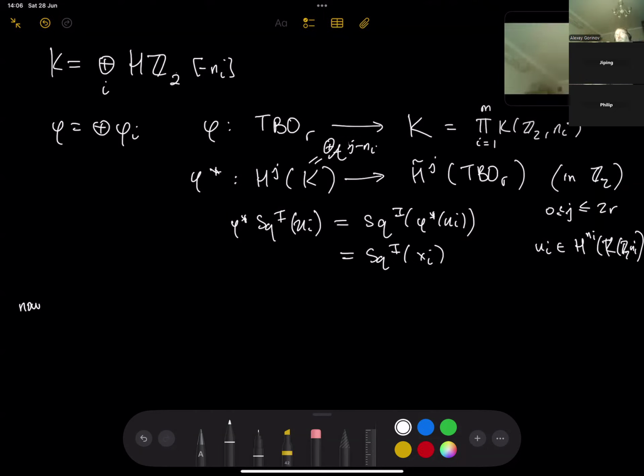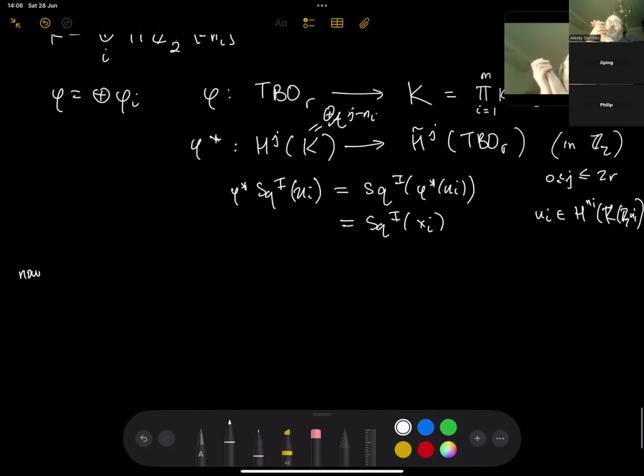So then I'd like to extend this, for TBOR as a space, to Z homology. For some reason, which we will see shortly, we want to show that this map phi also induces an isomorphism of the integral homology or cohomology in the same range.